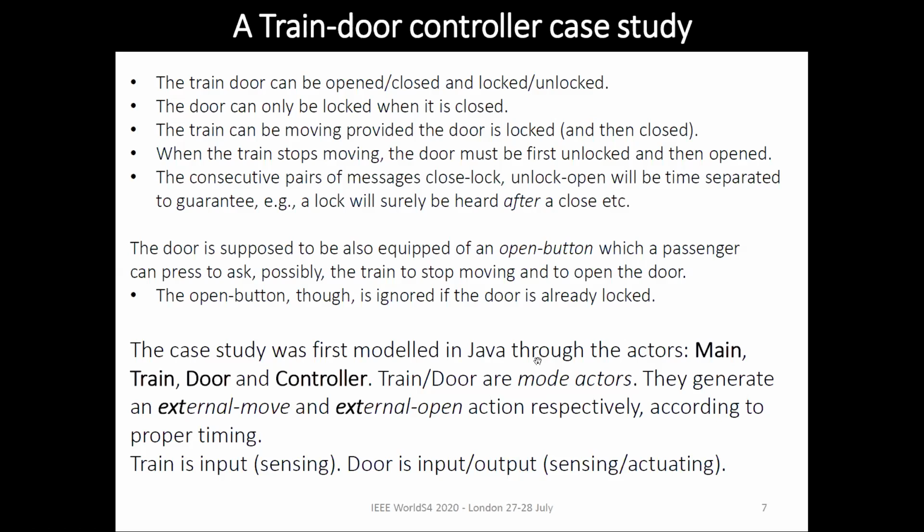So we have modeled this system using, in this case, four actors: main, which is the configuration, train and door, which are interface actors, and the controller, which is a real-time controller. What is interesting is that we have precise times at which the various events can occur.